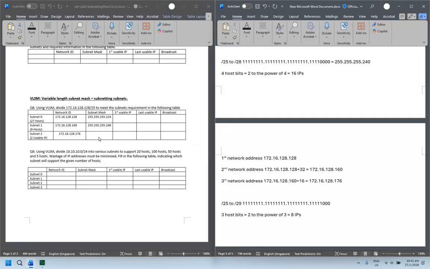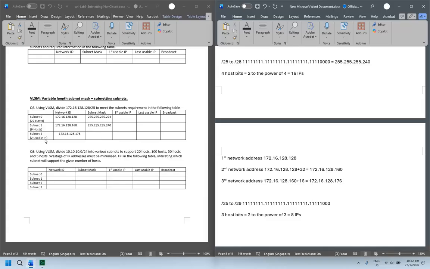So take note, for variable length subnet mask, in order to find the network address of the next group, you need to add the total addresses of the subnet mask that you found for the previous group, not the default that you found from the start.